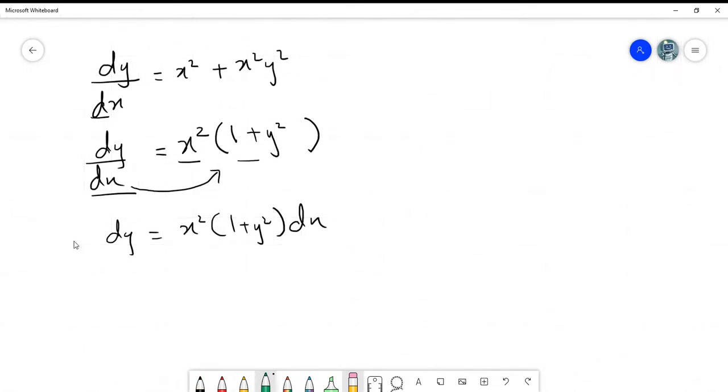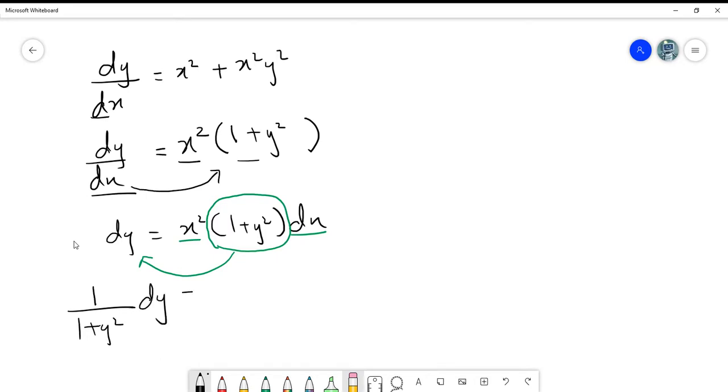As you can see, and I'll reiterate, that x square and dx have been brought on one side of the equation, but 1 plus y square is still with these two. So I'll have to take it on this side of the equation. Now I'll write 1 over 1 plus y square dy equals to x squared dx.